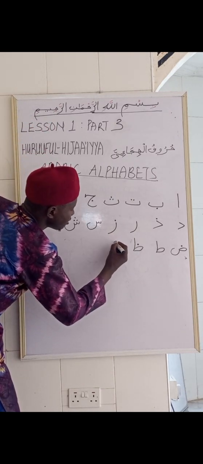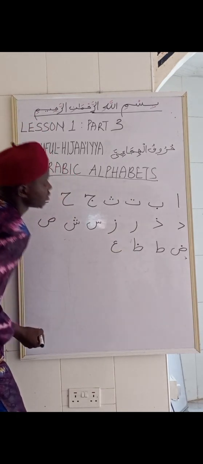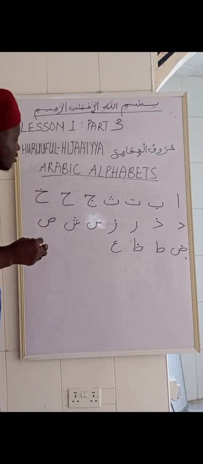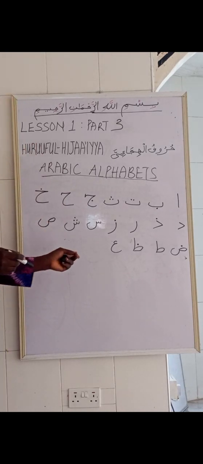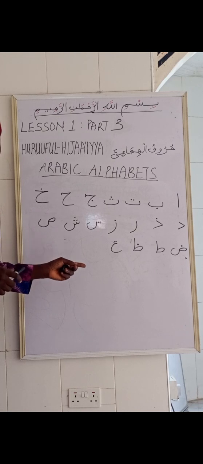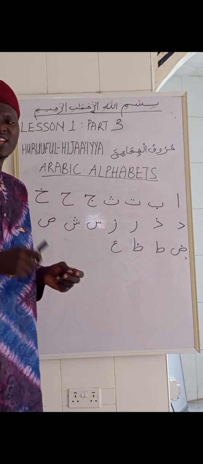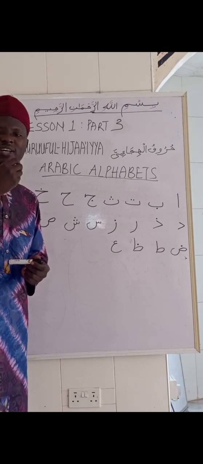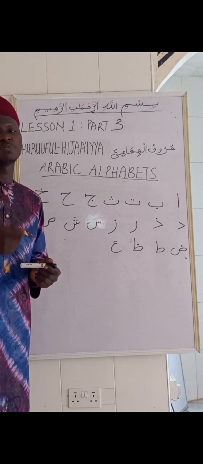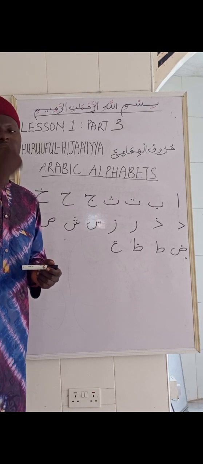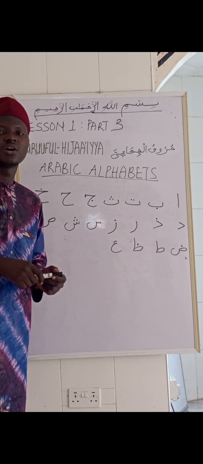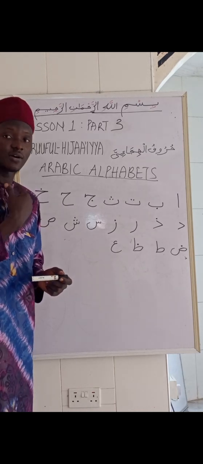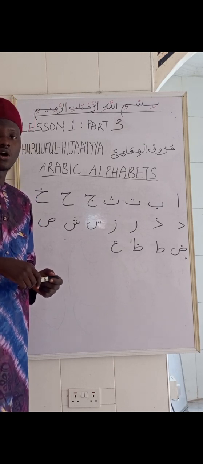Ein. It is like an A, but you say it as if your nose is blocked, so it is coming out from the nose, but it is a letter of the throat. So, ein.